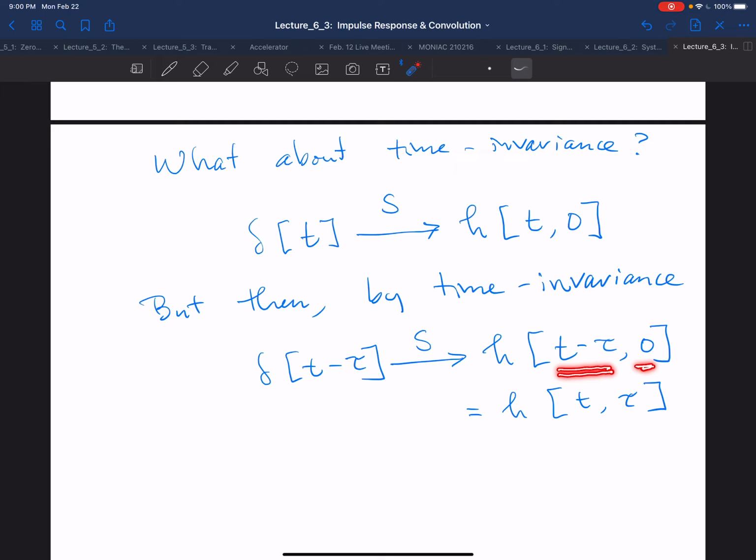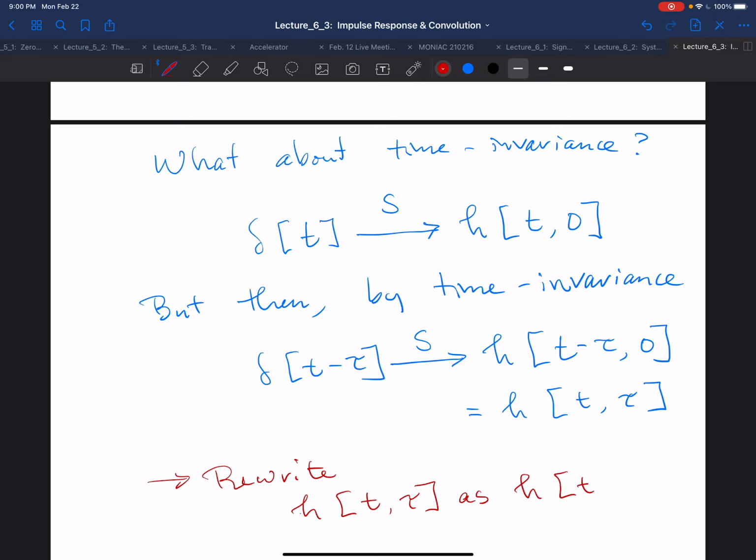But if the second argument is always going to be equal to 0, then it doesn't really serve any purpose. So what we're going to do is just rewrite h of t, tau as h of t minus tau. So we're going to consider h, in fact, just to have a single argument.